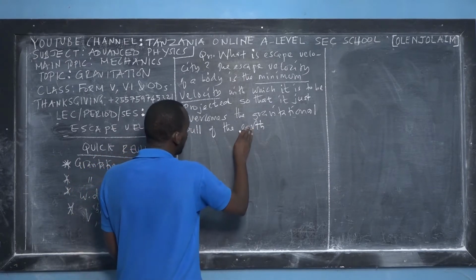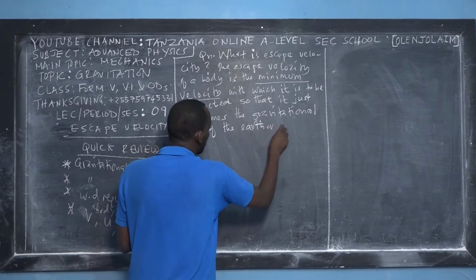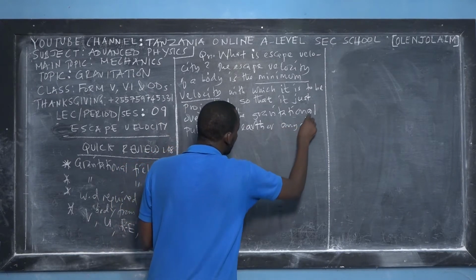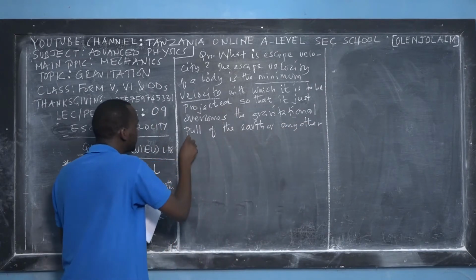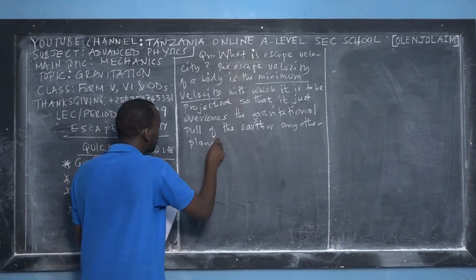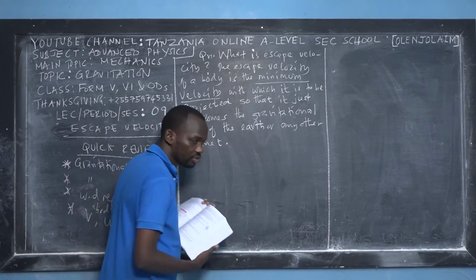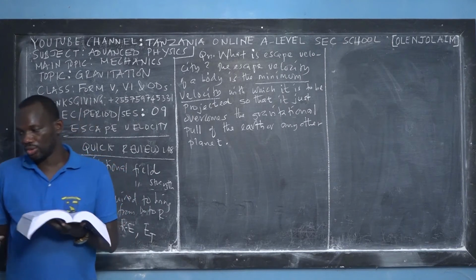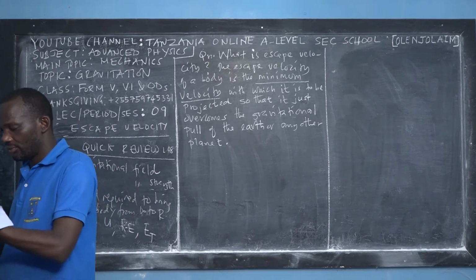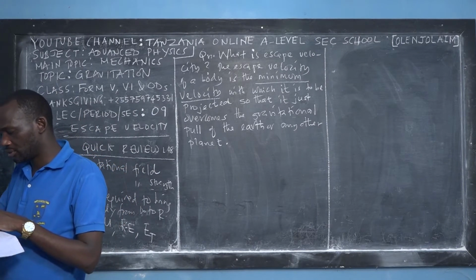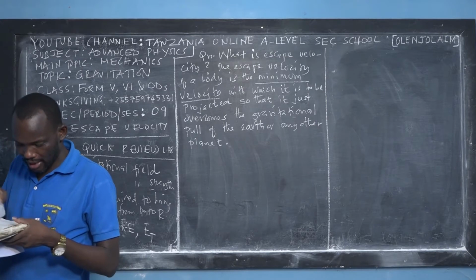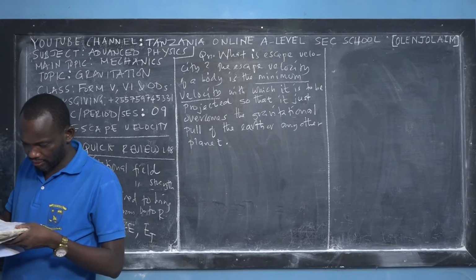Of the Earth or any other planet. So this is one definition. When I visited other reference books, I found some other definitions of escape velocity.